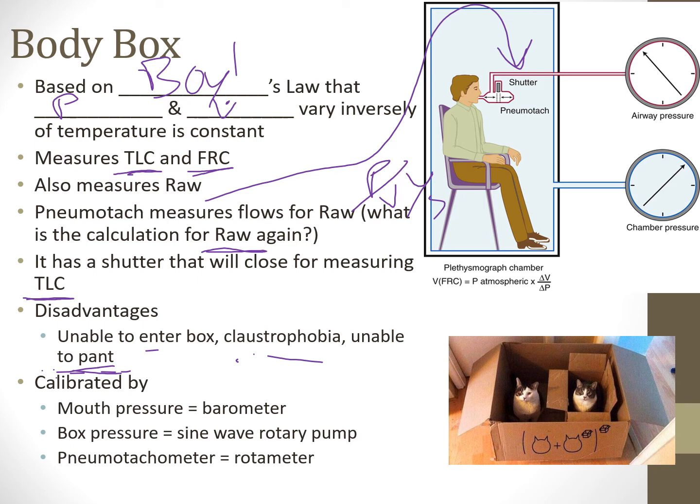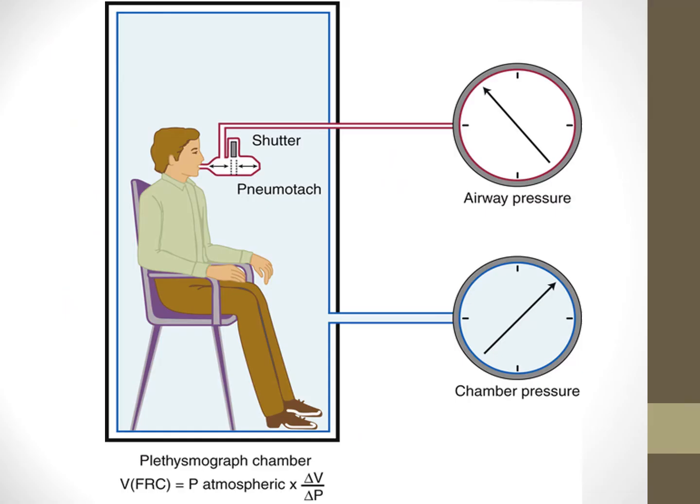We calibrate it with a barometer for the mouth pressure. Box pressure, we can use that sine wave rotary pump, and then a pneumotach, we can use a rotameter if we need to.